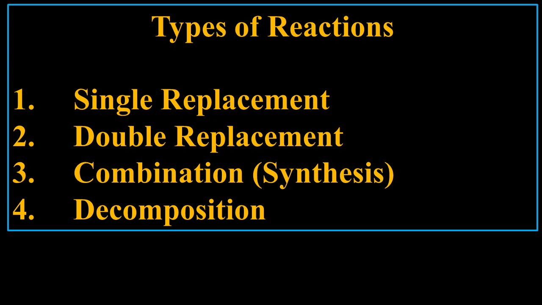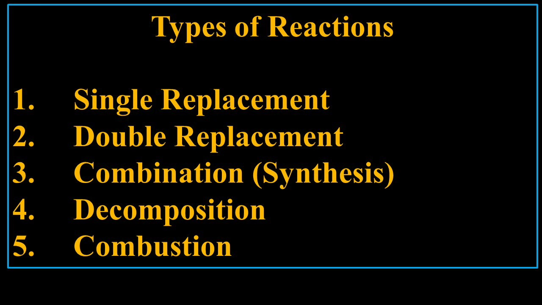And then the 5th type is going to be called combustion. Now, combustion is simply one thing, where you take a hydrocarbon and you combine it with oxygen, and you will produce carbon dioxide and water. The thing about a combustion reaction is that they are rarely pure.